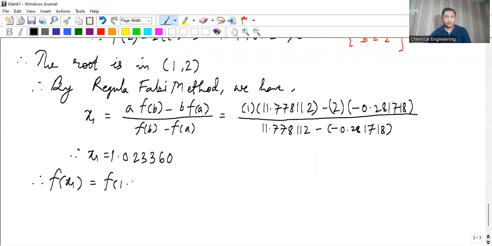Okay, so we have to calculate the value of f of 1.02336. Let us calculate this value. The answer is going to be minus 0.152471. Is that okay? Are you getting this value?